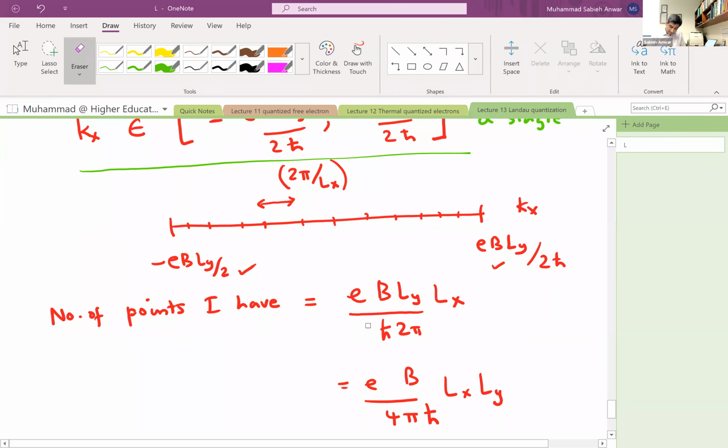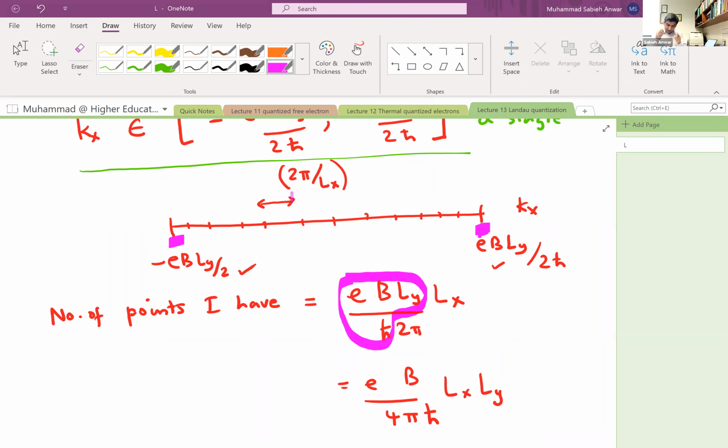So the number of points I have is given by this point minus this point, which is eBLy over h bar, and I divide this by the separation between two consecutive kx points, which is 2 pi over Lx.